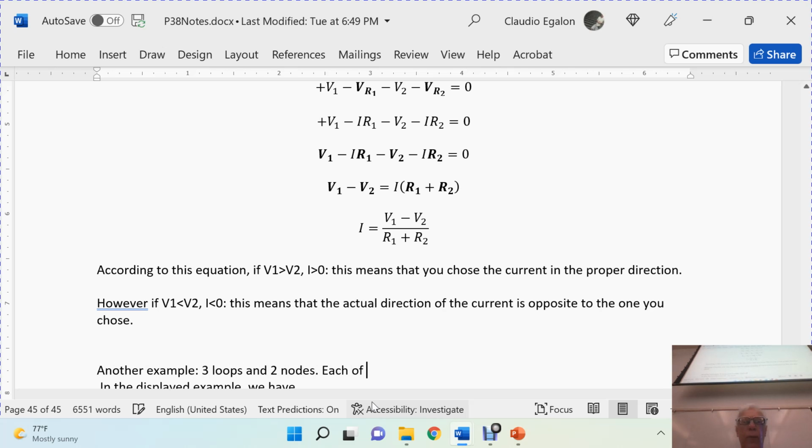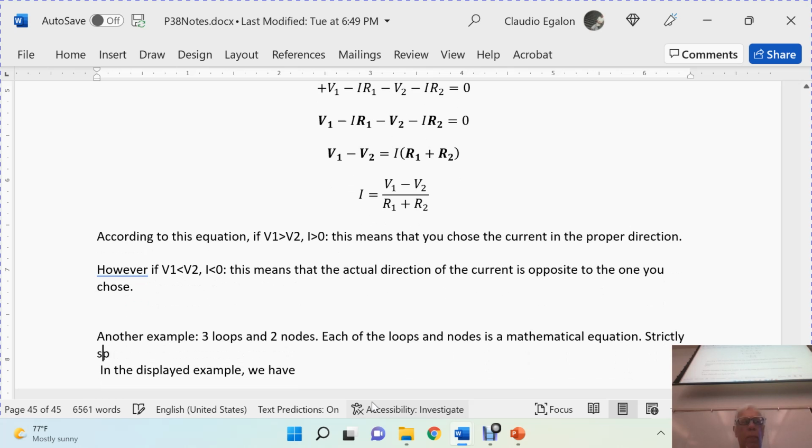Each of the loops and nodes is a mathematical equation. Strictly speaking, you are supposed to have 5 mathematical equations.